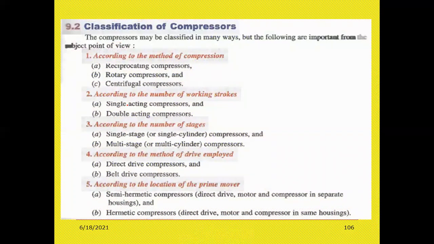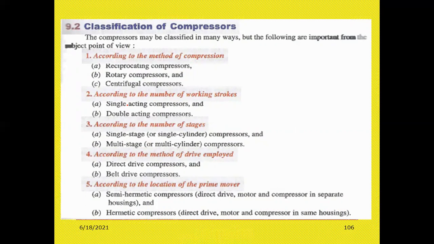Coming to the classification of compressors. The compressors are classified in many ways, but according to some points, the compressors have been categorized. Coming to the first point, compressors are classified according to the method of compression.